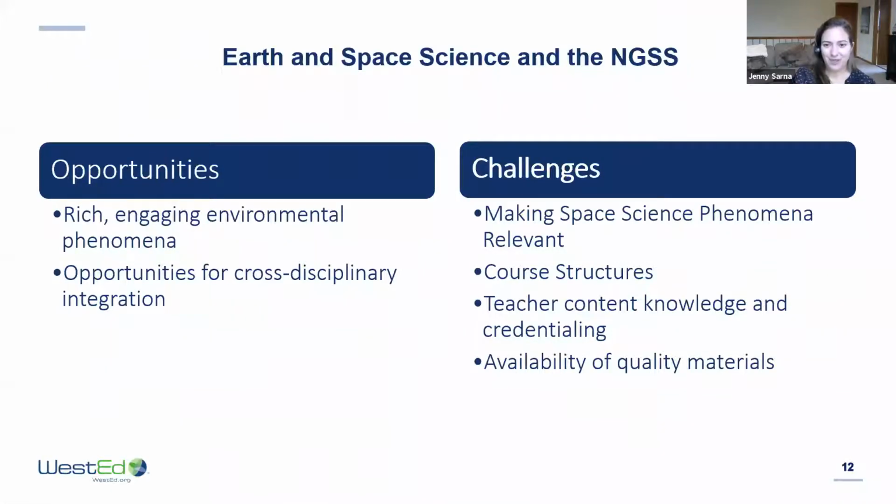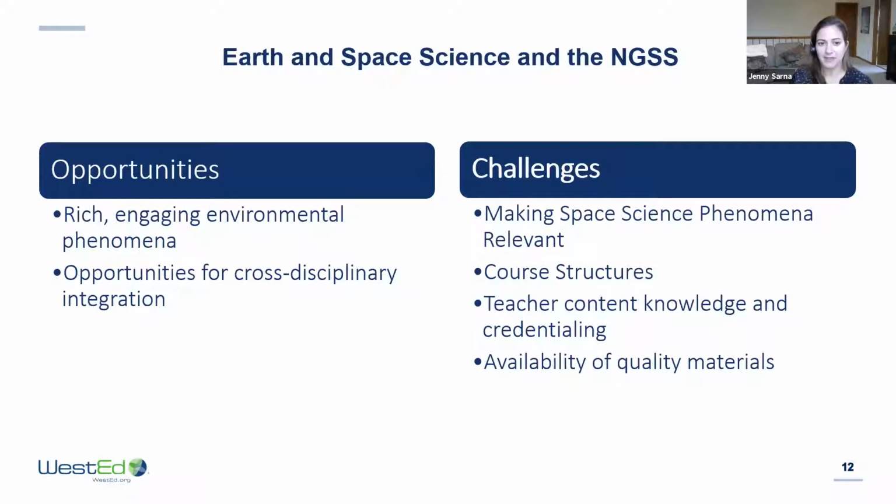You all have sort of read our minds. I'm reading here. We think earth space science and the NGSS and today's science standards offer a real opportunity for really rich, engaging environmental phenomena, especially the opportunity to authentically model cross-disciplinary integration. Many of the earth space science phenomena we see in the world require multiple disciplines to explain.